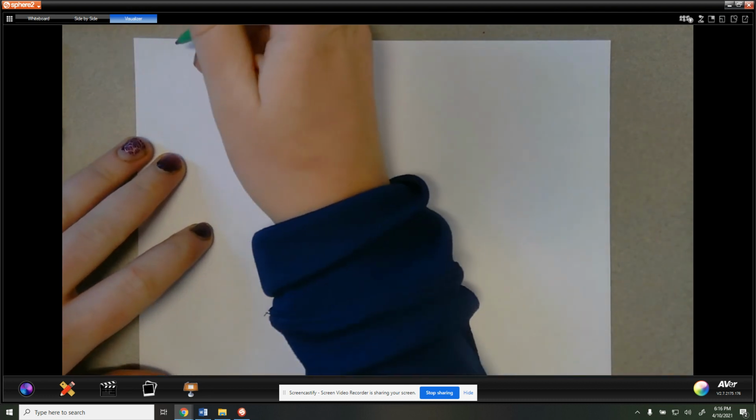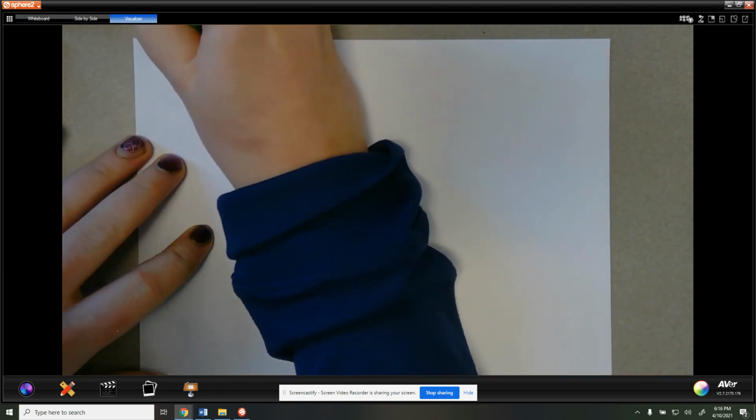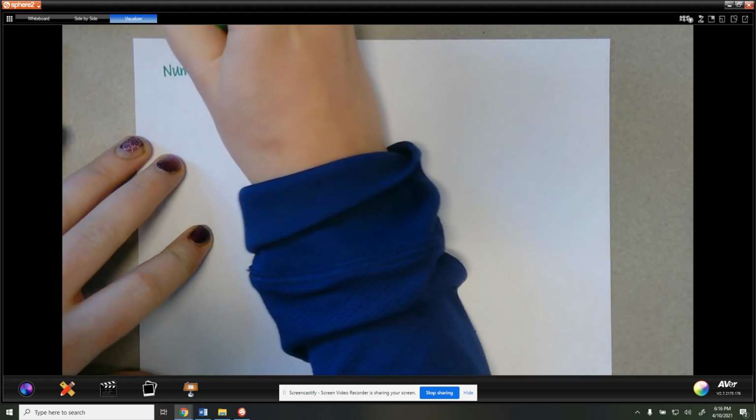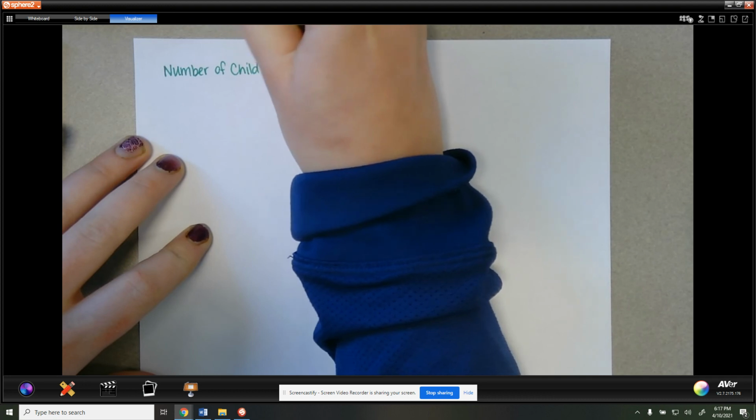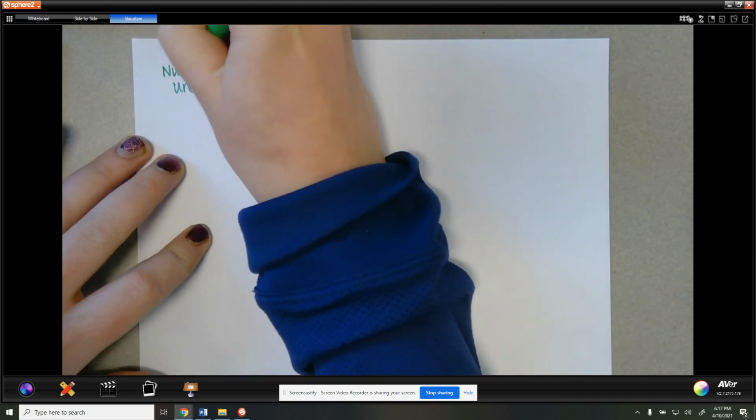Okay, so first thing we have here, I'm gonna pull up my numbers again. We're gonna count the number of children under 6. This will be part of our table: number of children, that's what we're talking about.